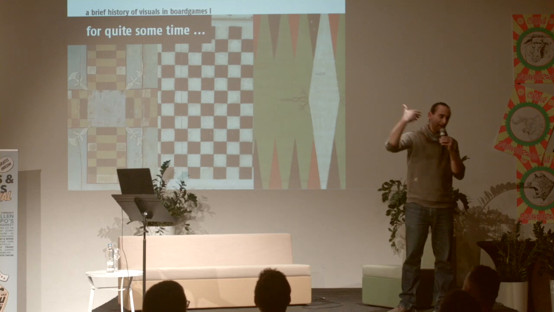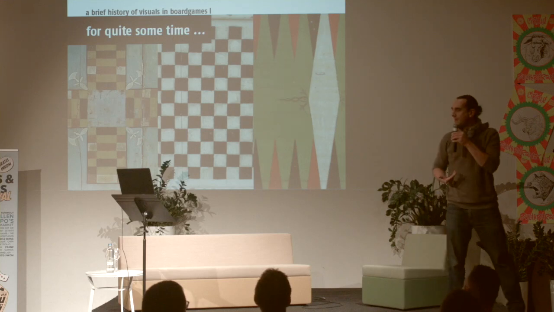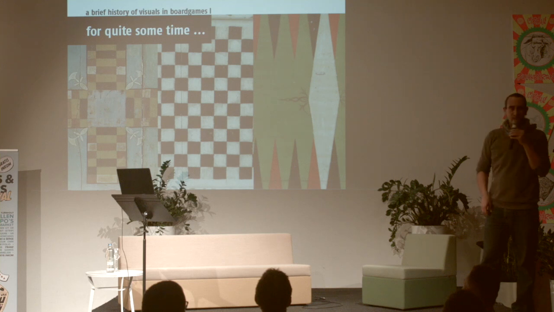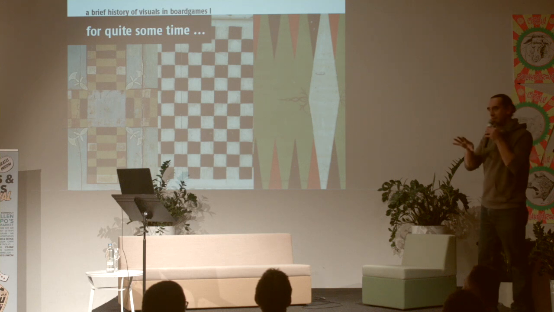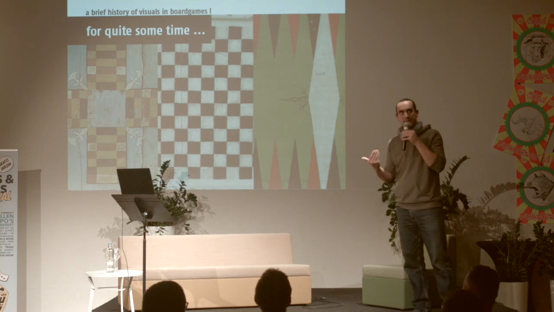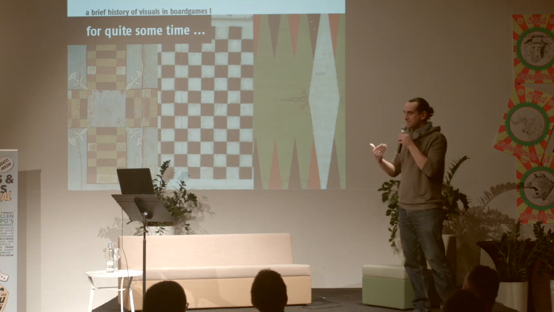When we're looking at classic board games, chess, Go, Mancala, backgammon, they in many cases have a very clear visual geometric structure. There are of course masterfully crafted board games for kings, for the church, not so much, but for higher people.